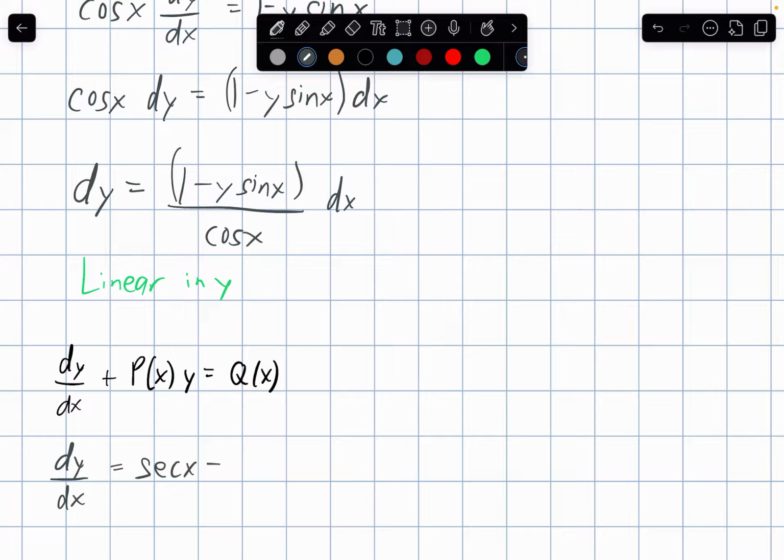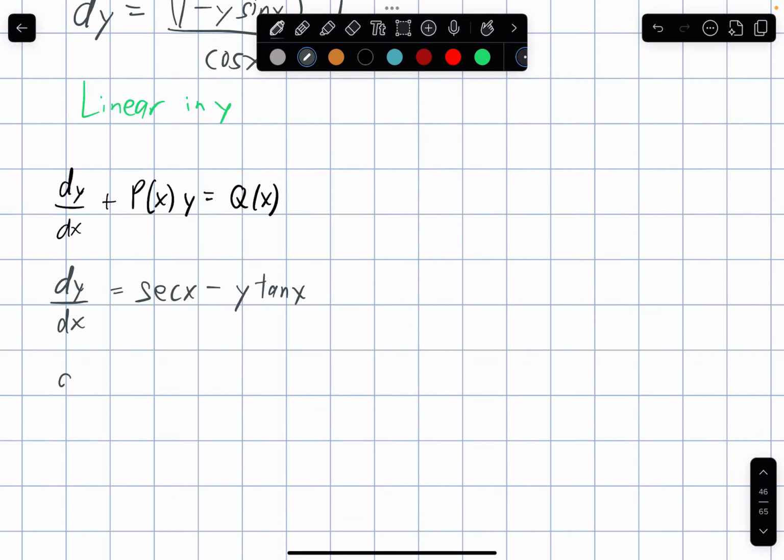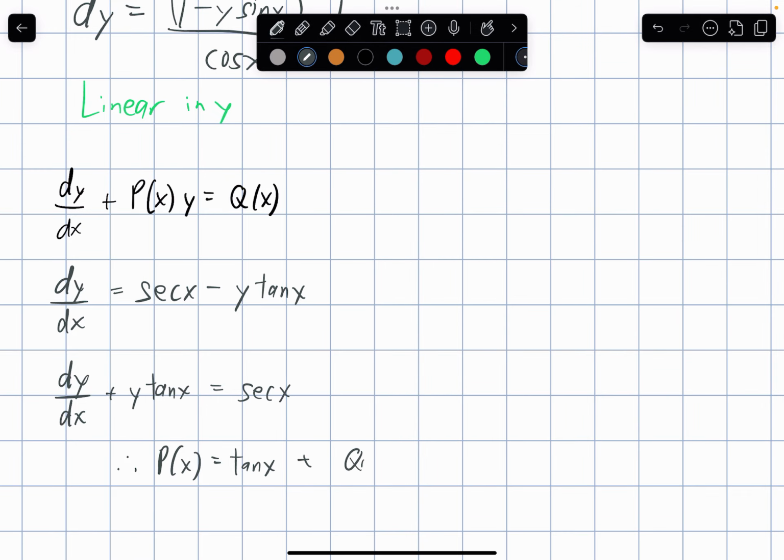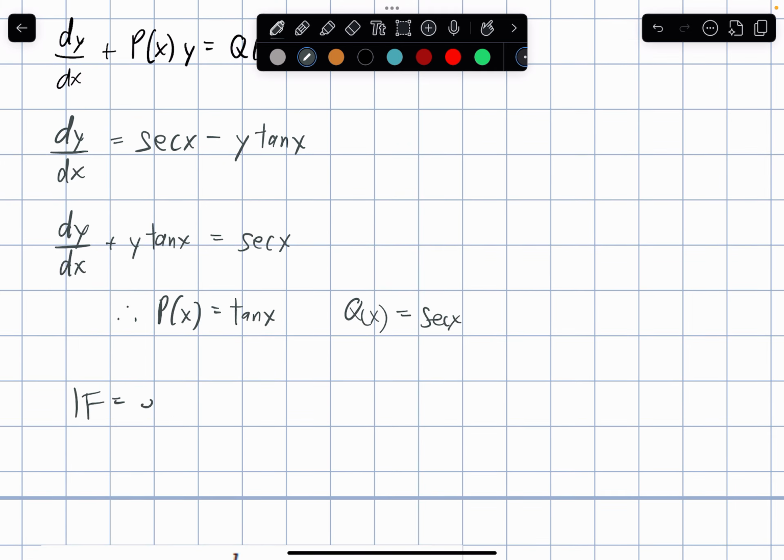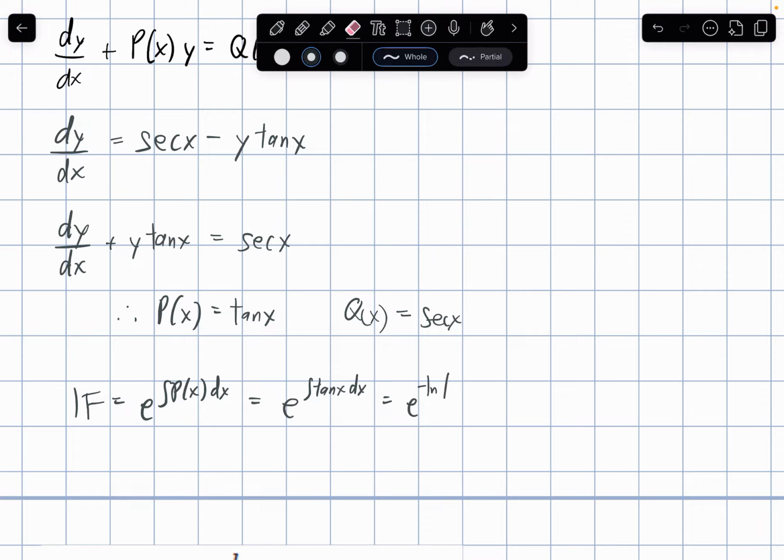1 over cosine x is also secant x. Okay. Integrating factor. Oh, wow.